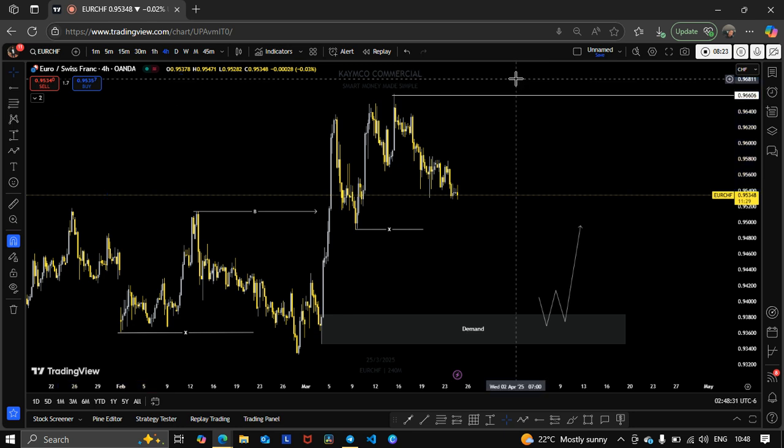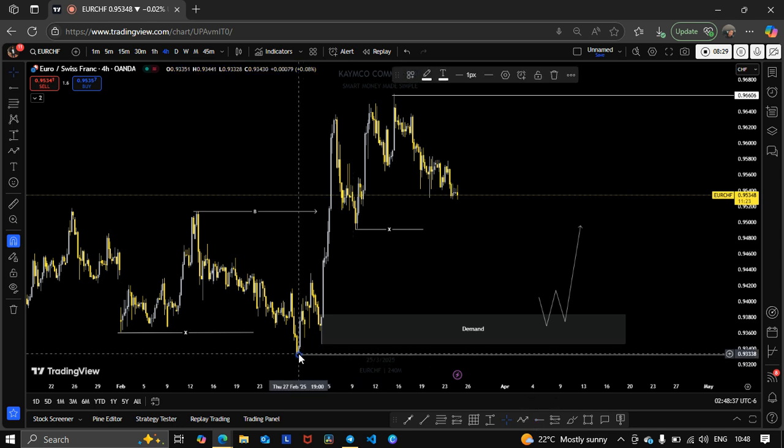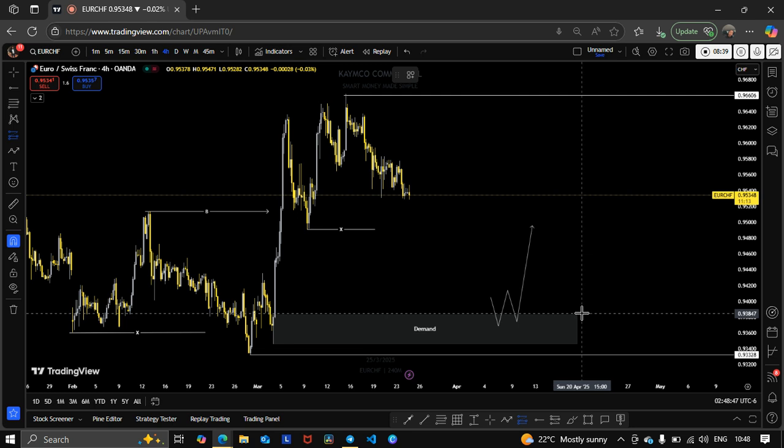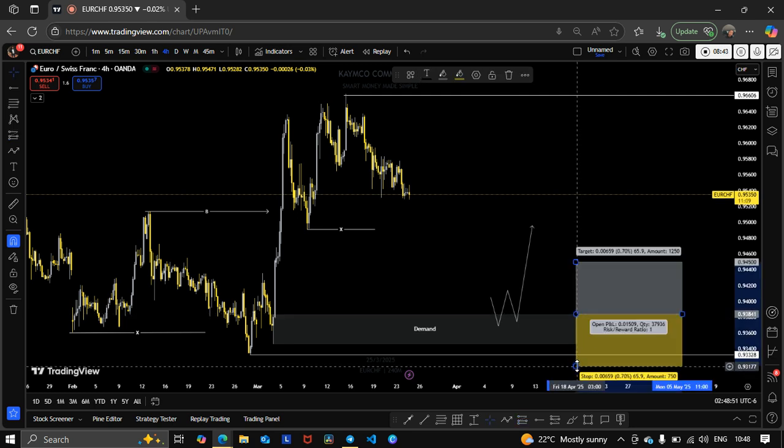So on EURCHF, this is what I'm looking for. And if I have to play it safe, I'll put my stop loss below this low. Doesn't make sense, right? But it will make sense someday, because some brokers have higher spreads, and sometimes you take unnecessary losses because the market might just tap your stop loss and go into profits.